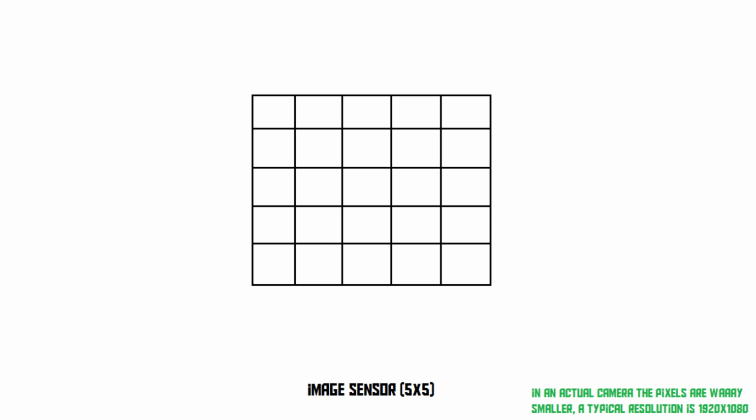And all of these light receptors are measuring the intensity of the light that they receive. Recording an image basically means reading the value of every single one of these light receptors and storing these values in a file. And then later on a computer can reconstruct these values into an image. So that's what we've got. We've got a lens that focuses light onto a sensor, and that sensor is repeatedly capturing images of the light that is falling onto it.